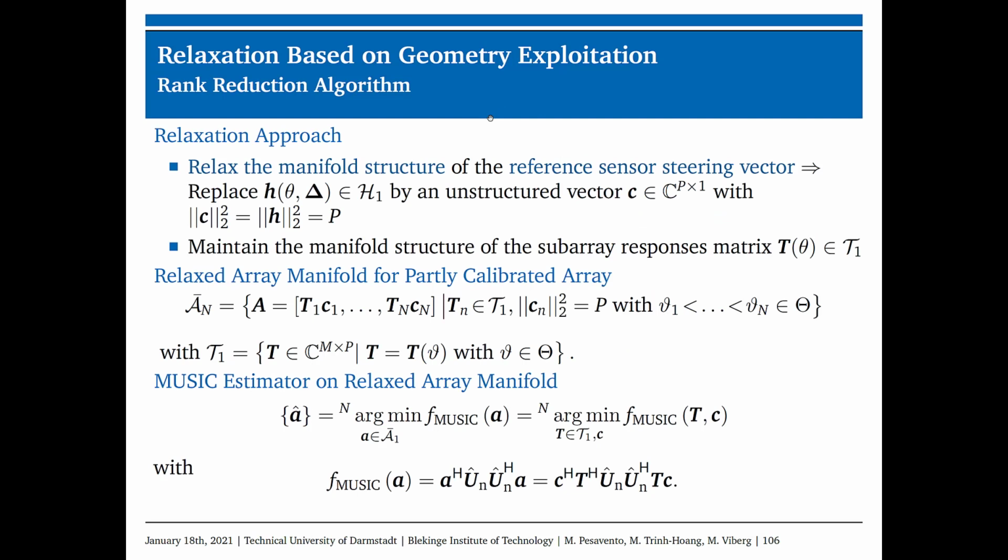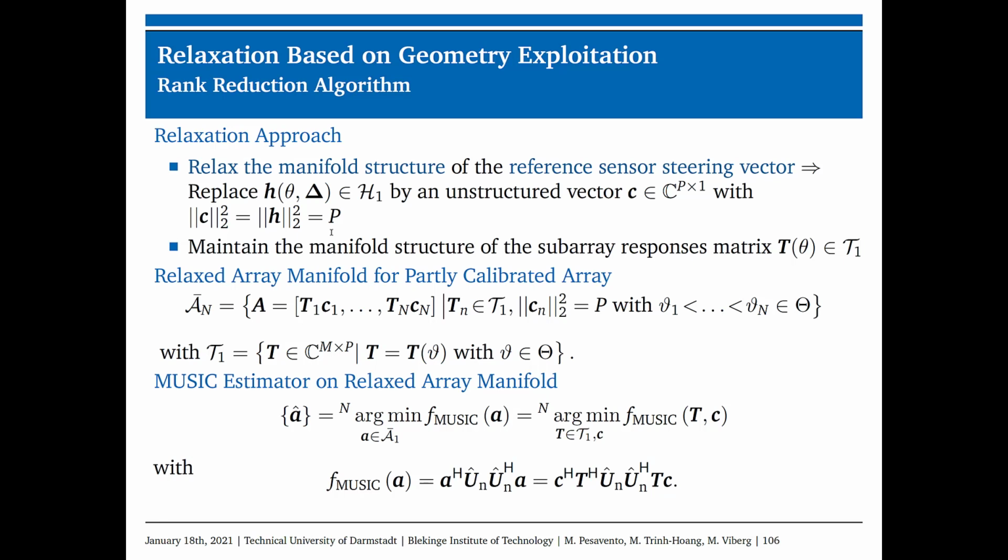The idea of the rank reduction RARE algorithm is to relax the structure of the reference steering vector h, and to replace steering vector h of theta and delta that belongs to the manifold calligraphic h1 by an unstructured vector c in the complex space with the same norm being equal to p.